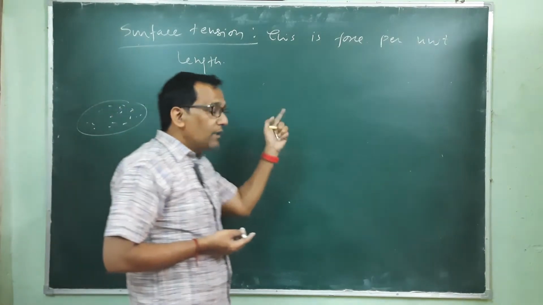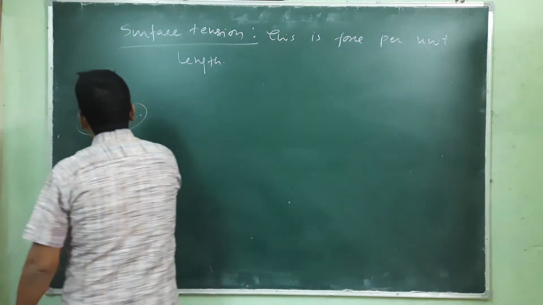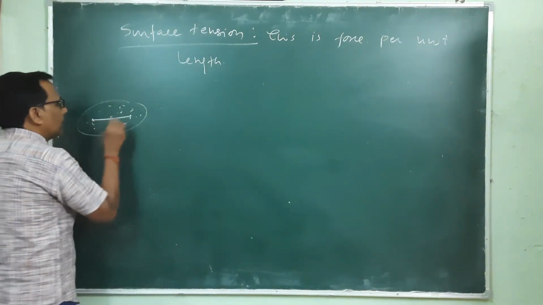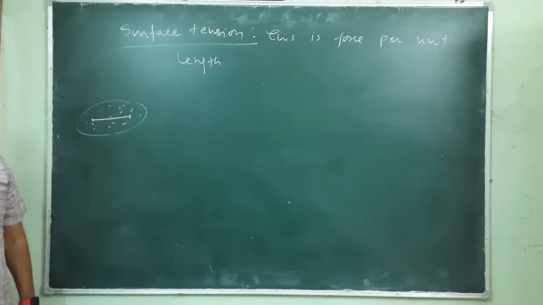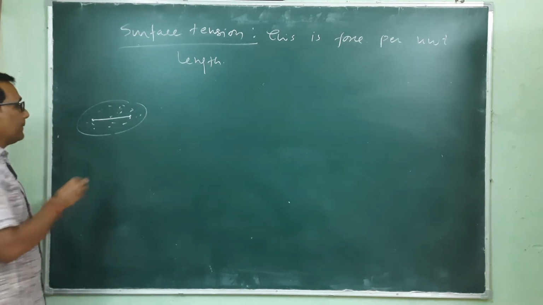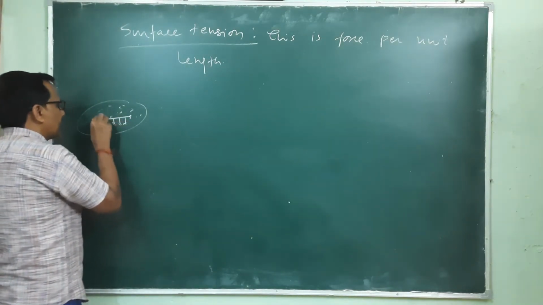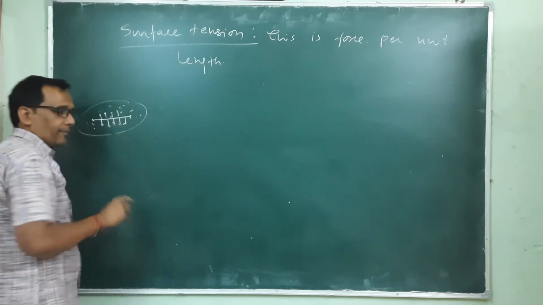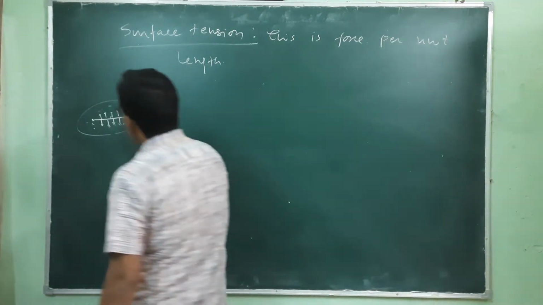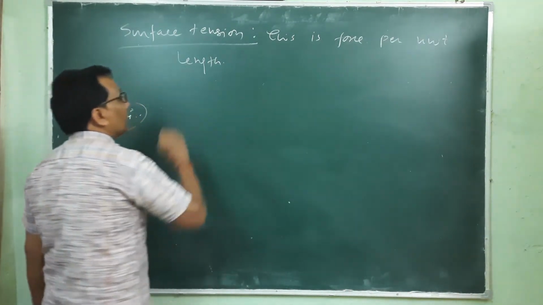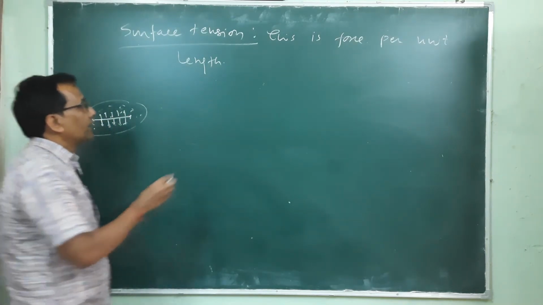Clearly we should mention the direction of force also. It is defined as follows: when we draw one line on the surface of this water, then the force is on the surface, not inside the surface, on the surface. Then this surface tension is defined as the force per unit length.